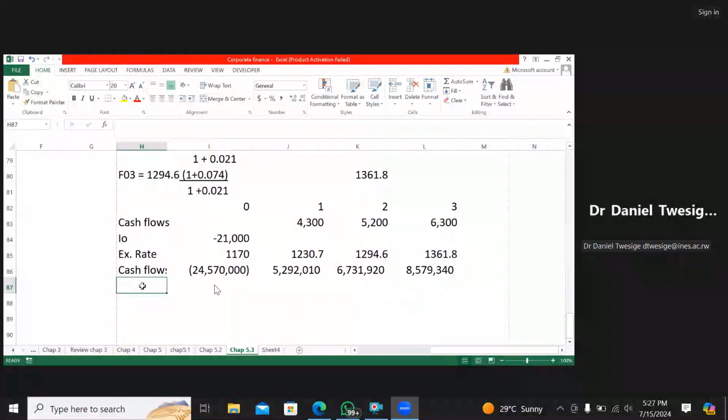Our discounting factor, they told us it is 10%. So this is going to be 1 plus 0.1, then power minus this.